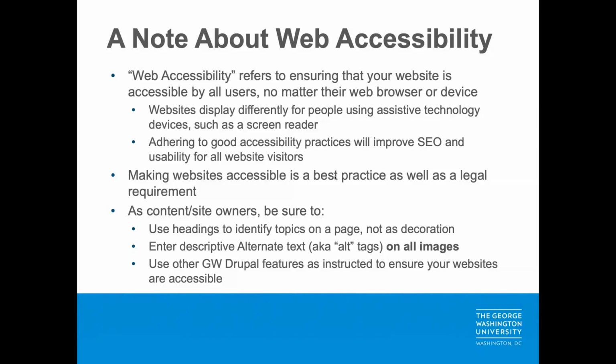I have to listen to the whole thing because the content owner applied the subhead styles to that paragraph because they wanted their sighted users coming on a desktop to see this font in a big, bold style to make it visually prominent, not understanding the effects that it was going to have on me as a user who has to rely on a screen reader. So when you're using your subheads, make sure that you're using them appropriately. They should be used to identify the topics on your page, not as decoration.